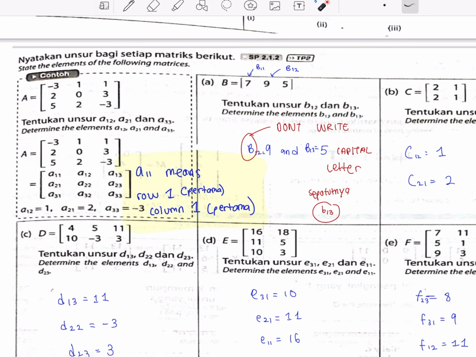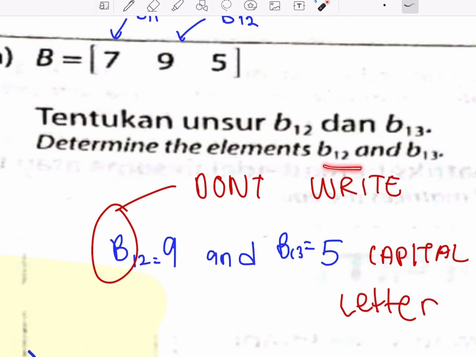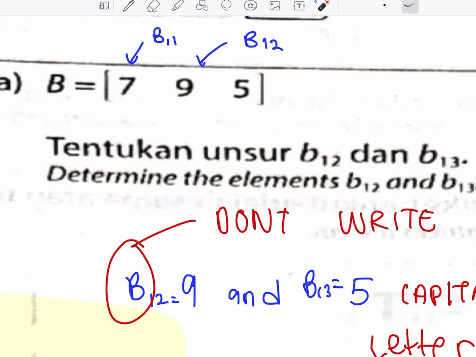Next, state the elements of the following matrix. Determine the elements in b12 and b13. So b12 is actually not pronounced "b twelve". My cikgu pronounces it as b one two. So referring to the first row and the second column. Tengok, the first row and second column.